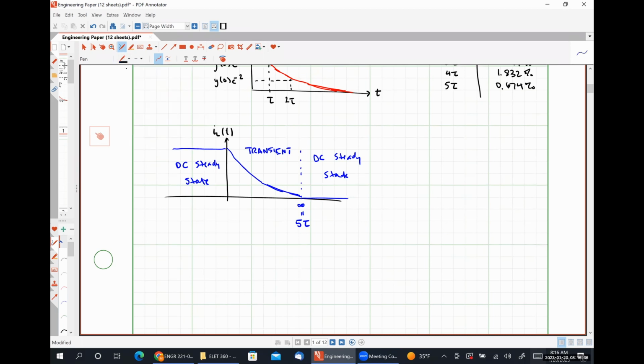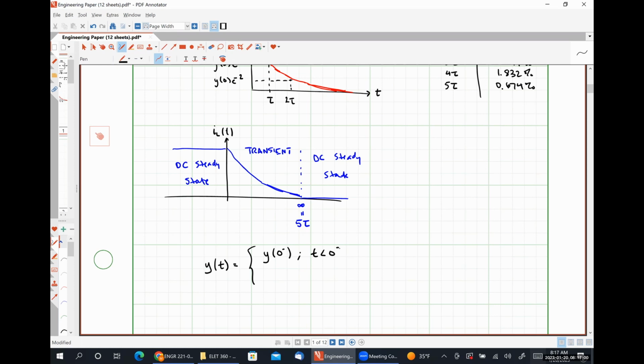And from this, we can now write a generic equation that is valid for either RL or RC circuits, which is this. Our quantity of interest could be resistor current or voltage, capacitor current or voltage, or inductor current or voltage.